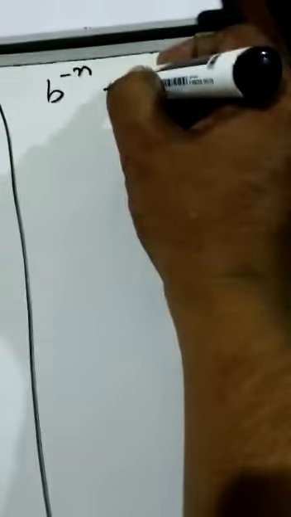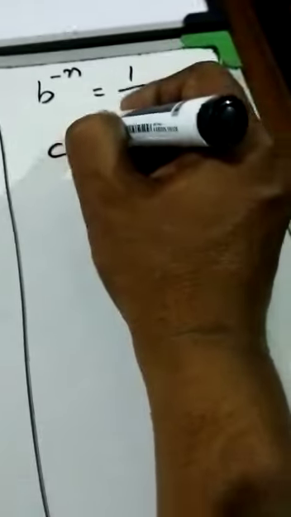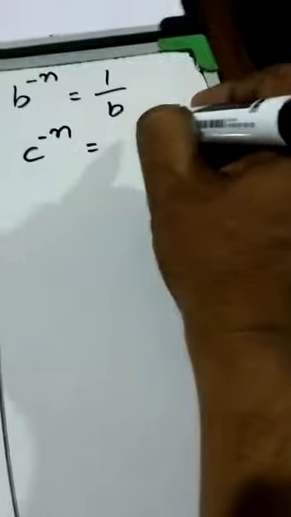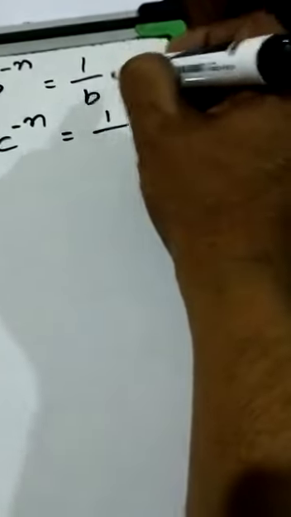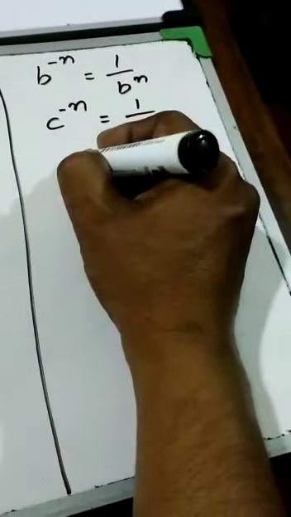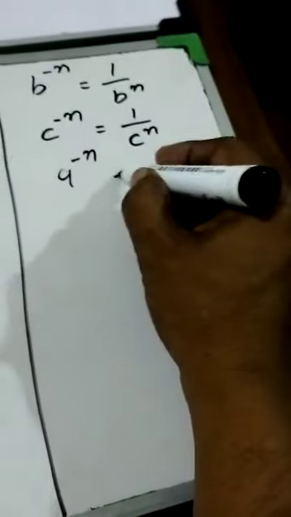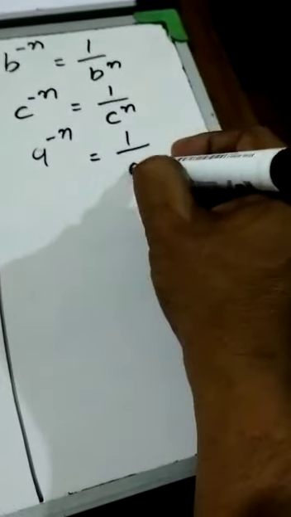b^(-n) will always be equal to 1 over b^n. c^(-n) will always be equal to 1 over c^n. And if we have 9^(-n), this will be equal to 1 upon 9^n.